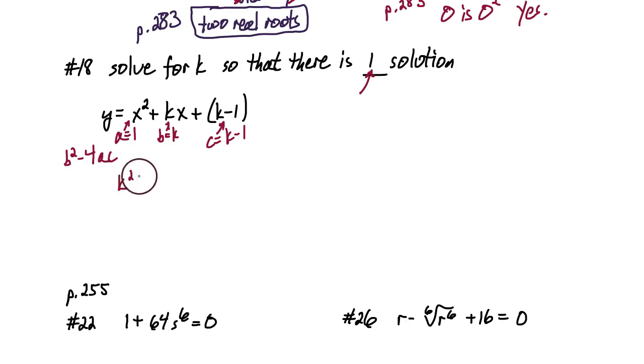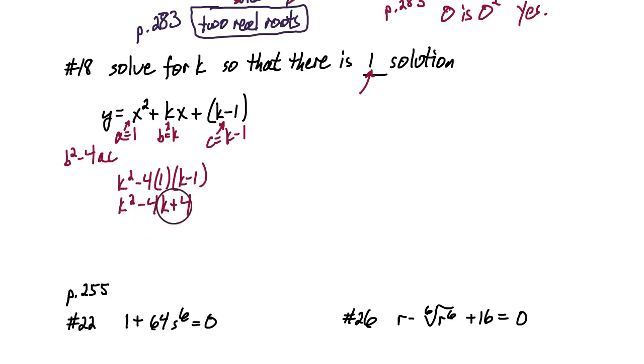We have k squared minus 4 times a, that's a 1, times c, that's a k minus 1. Let's simplify this a little bit. We have k squared, and then 4 times 1 times k is minus 4k, and negative 4 times 1 times negative 1 is plus 4.